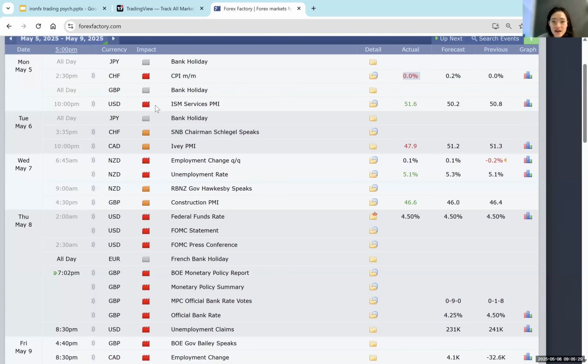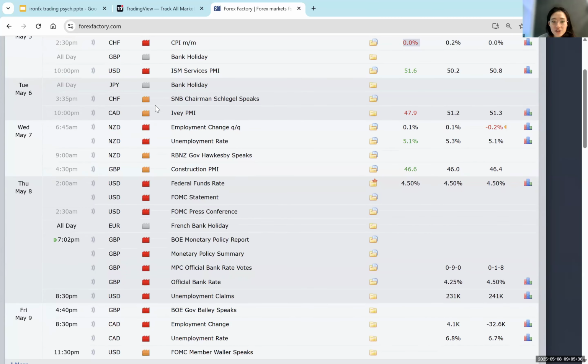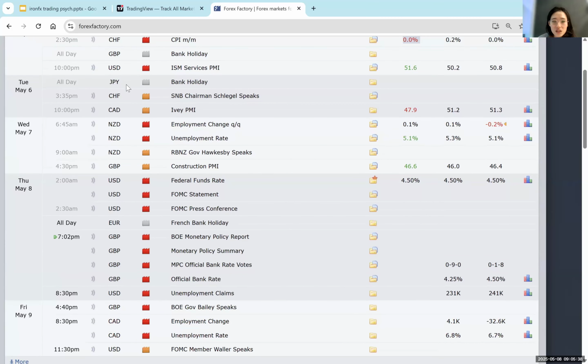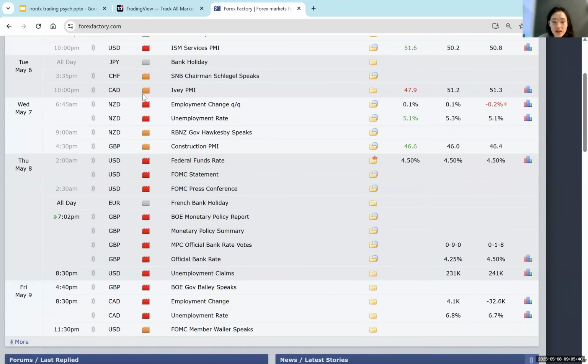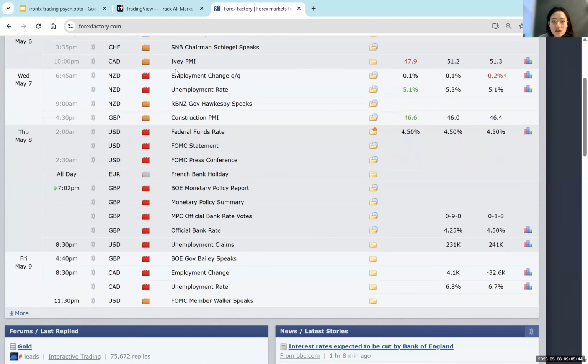US released their ISM services PMI data. On Tuesday, S&P chairman spoke. And then Canadian IVEY PMI data was released. On Wednesday, we had the New Zealand employment data, so employment change and unemployment rate, which dropped to 5.1%.